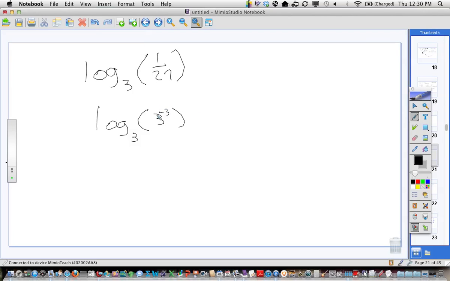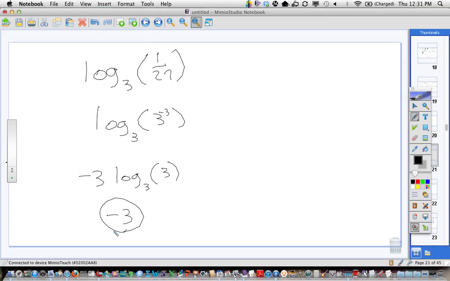And then we can do exactly the same thing. We bring the negative 3 down in front. So the theme in all of those, in the 40s there, is to just try to match up those bases. Okay, and log 3 base 3 is just 1, and so this just comes out to be negative 3. Okay?